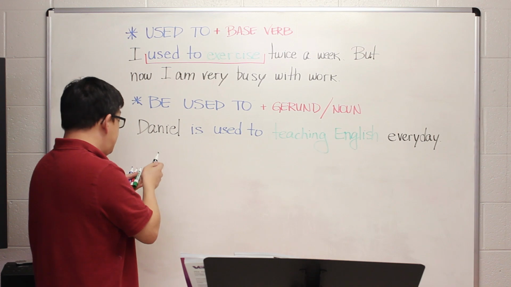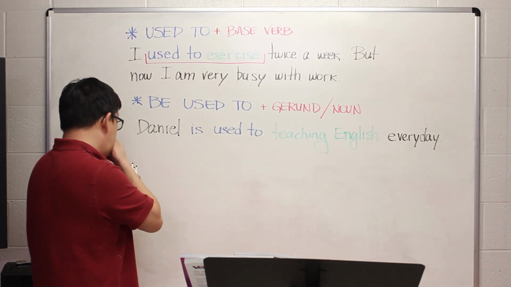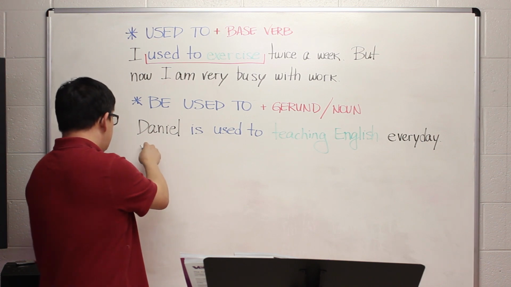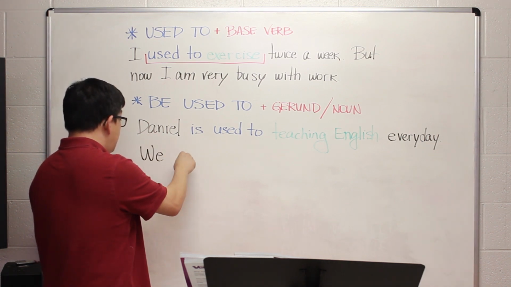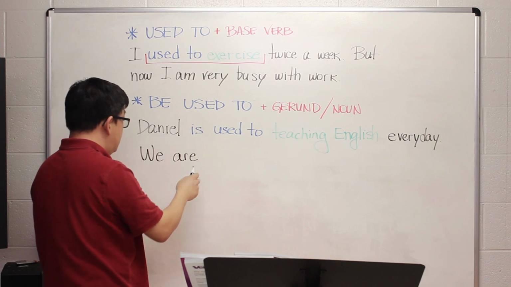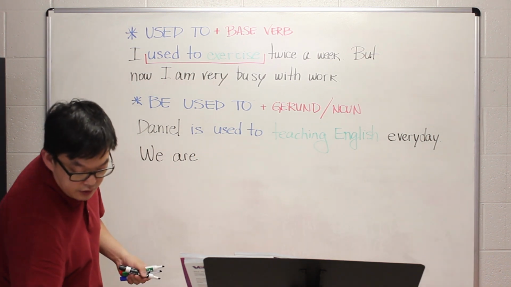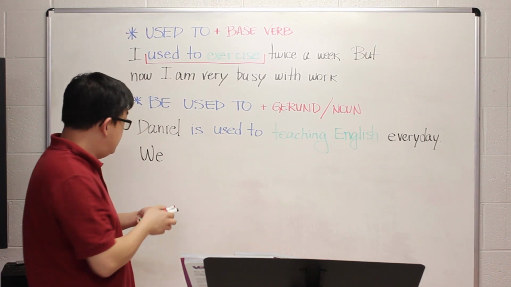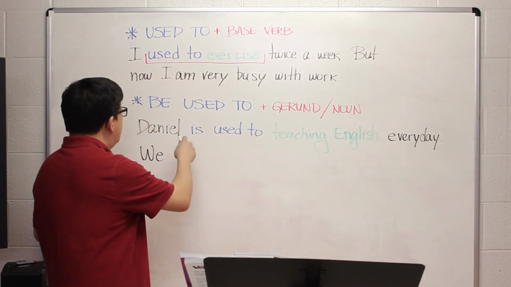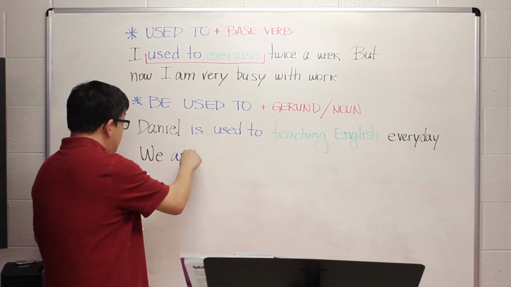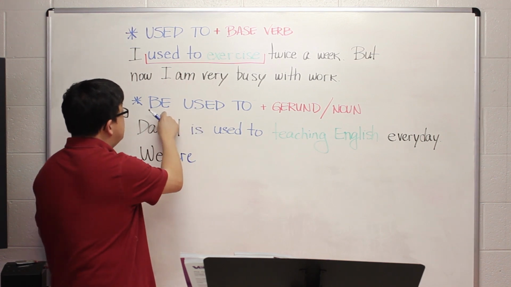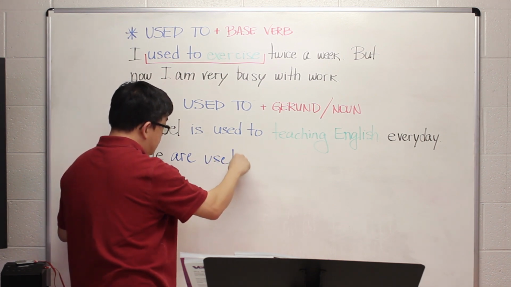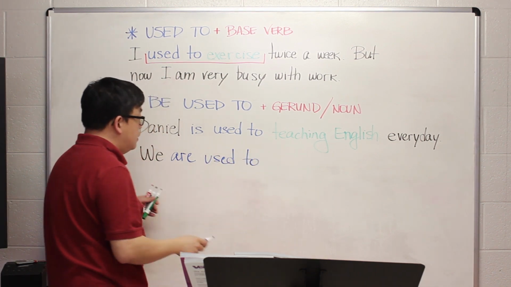Okay? So now let me give you another example. We are, let me just put a different color. We, look here, are, look the difference. This one you use verb to be, this one you don't use. We are used to, what?